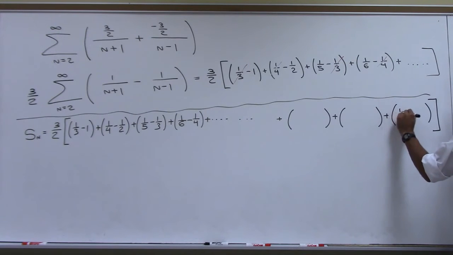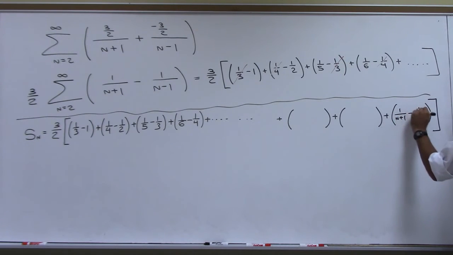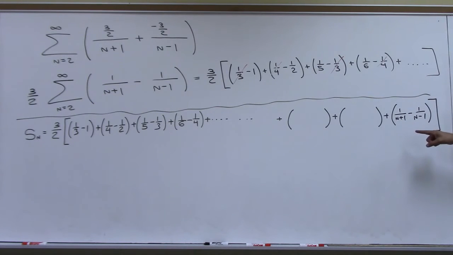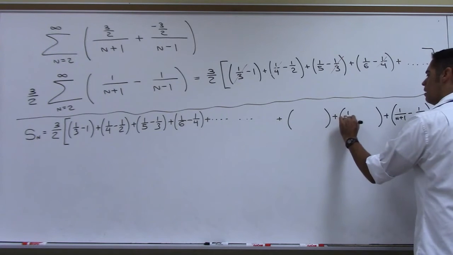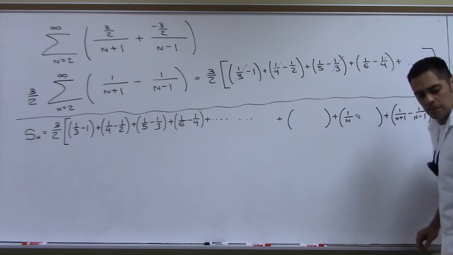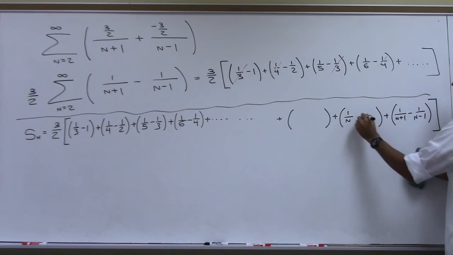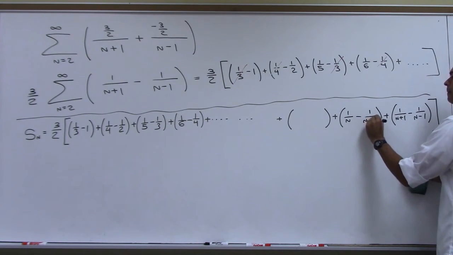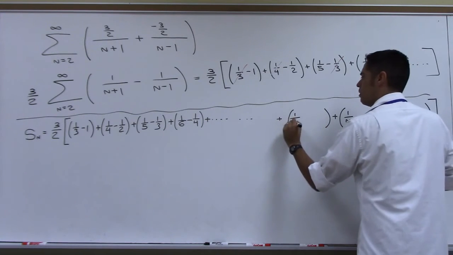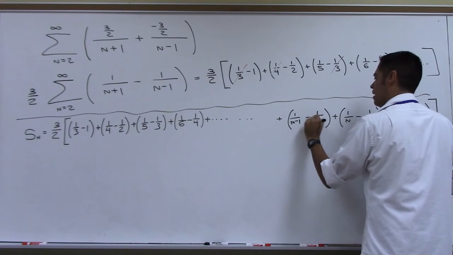Plug in n, so you get 1 over n plus 1 minus 1 over n minus 1, right? The one before that is going to be just take 1 away from each of these. So 1 over n minus 1 over n minus 2. The one before that, 1 over n minus 1 minus 1 over n minus 3.